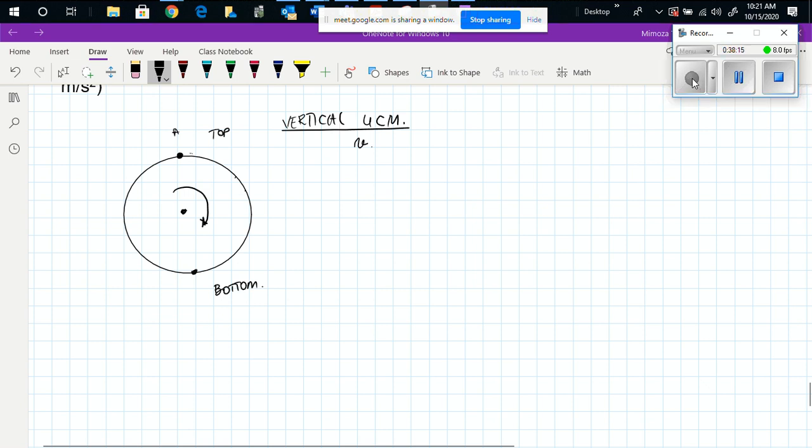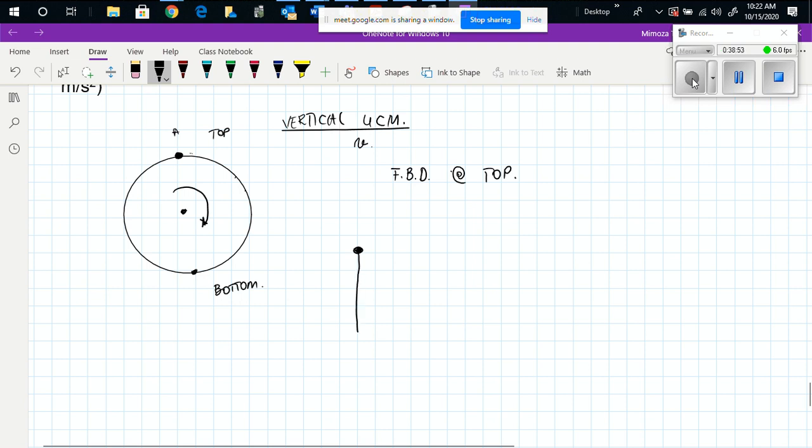Like in everything that we do when we are discussing forces, we draw the free body diagram at the point that we are discussing. Let's see what is happening at the top first. At the top, the object is moving in a circle in uniform circular motion. The object of our interest is represented by a dot.